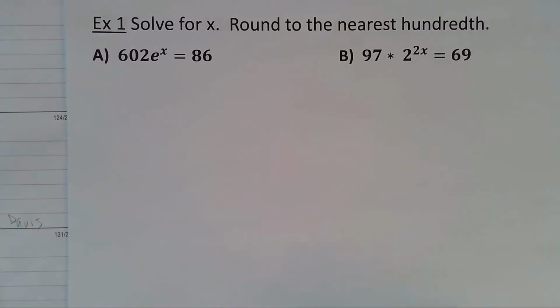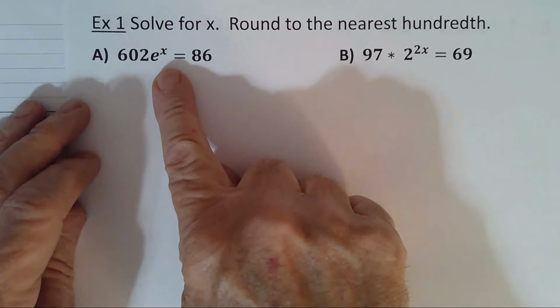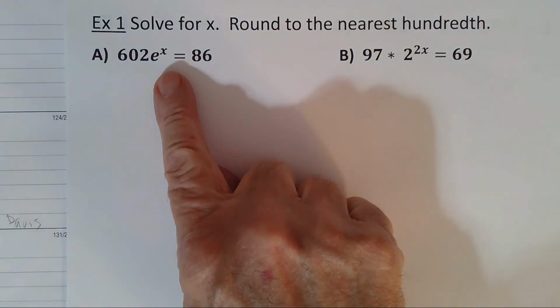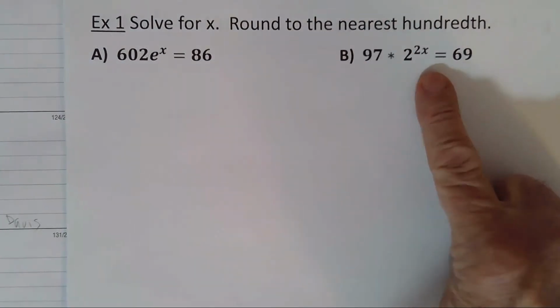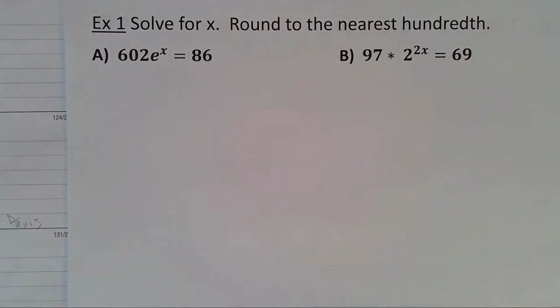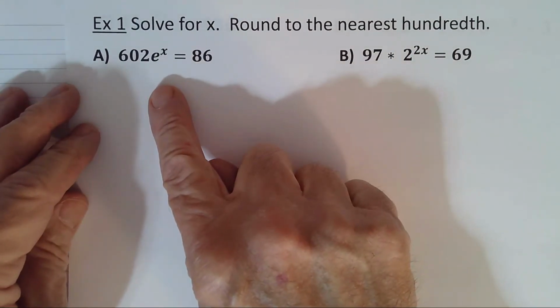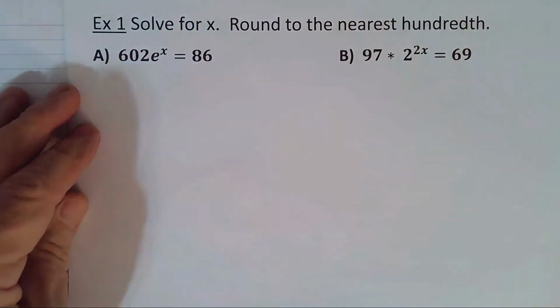And so again, we're going to solve for x and round to the nearest hundredth. So these are exponential equations if you look at them. How do I know that? It's because the exponent contains an x with both of these. So over here, the first thing you're going to want to do is get the base and the exponent of each of these exponential functions isolated.